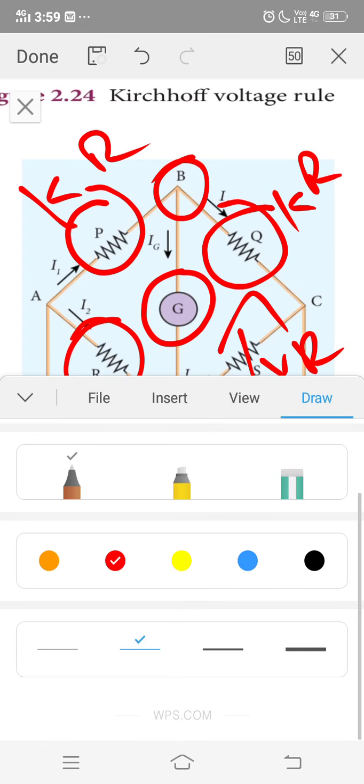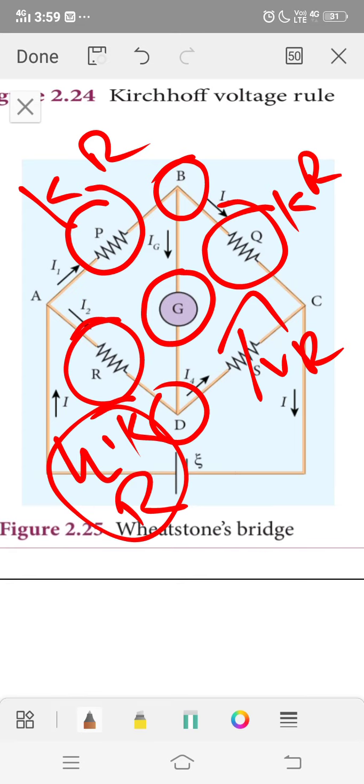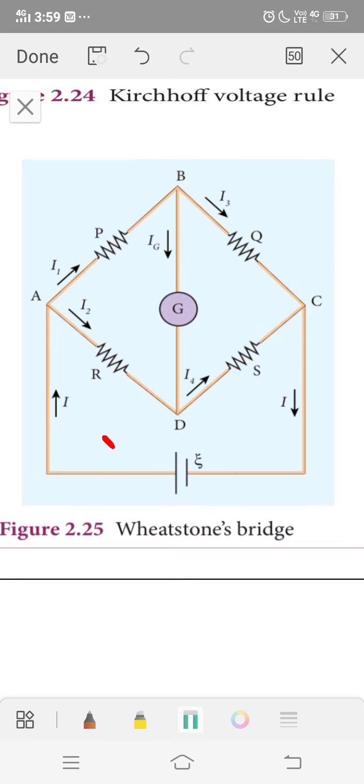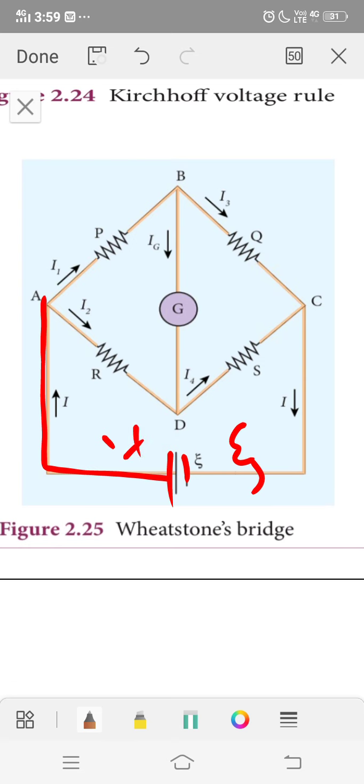Here, from the power supply, the battery with voltage E is connected to the circuit. When the battery is connected to the circuit, the current starts to flow. The current flows from higher potential to lower potential.